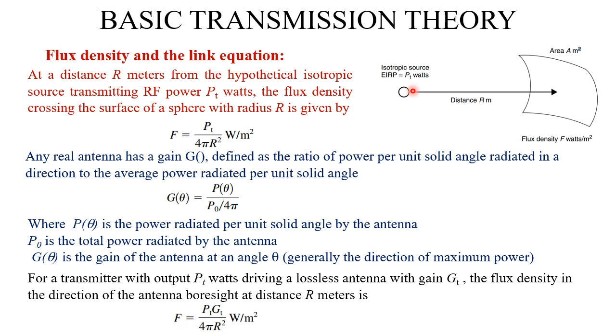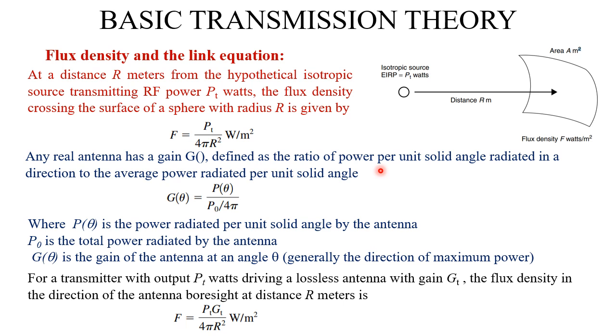So the area of the sphere is 4 pi r square. So what should be the power per unit area? Total power radiated divided by the area will give us the amount of power per unit area, right?